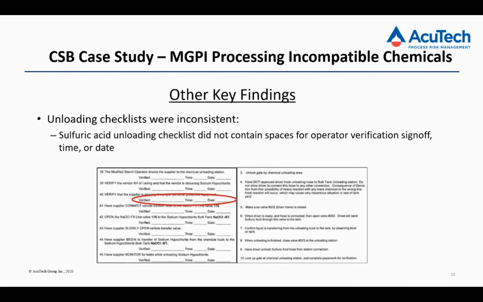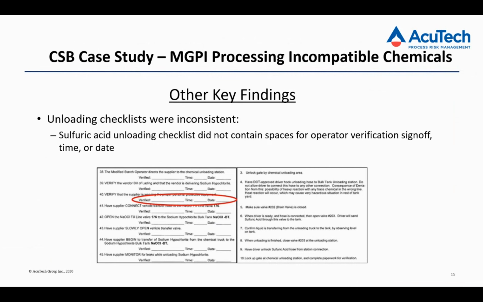There was a checklist for doing the unloading, but the checklists were not consistent. The sulfuric acid checklist did not have spaces for the operator to document or verify each step, while the hypochlorite procedure did. And having a checklist with steps and spaces to allow the operator to walk through them step by step with initials and times really helps ensure that nothing is glossed over or rushed through.